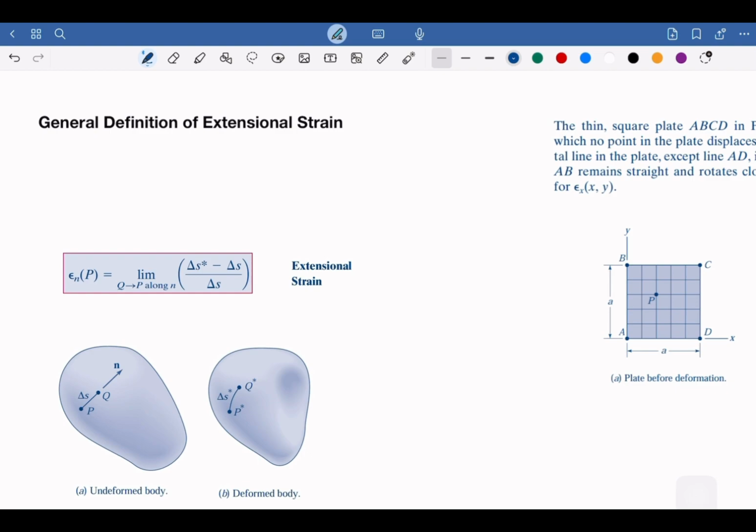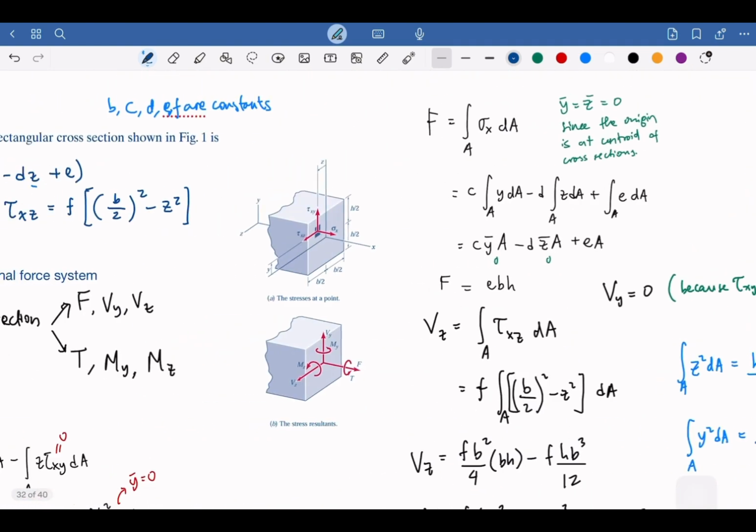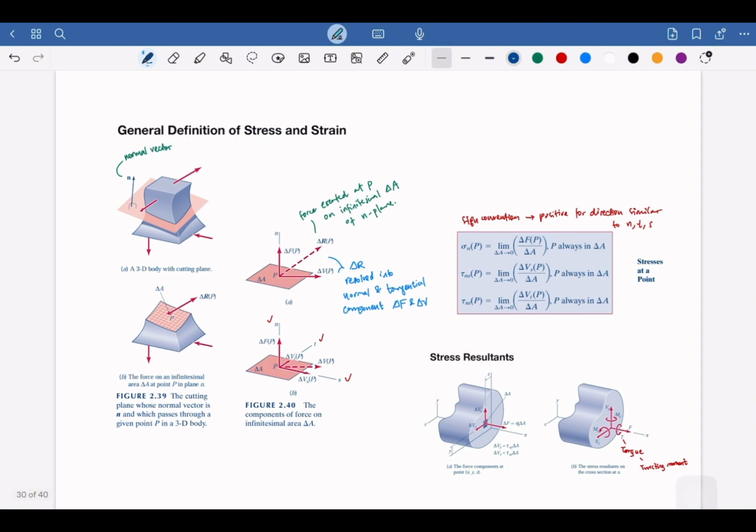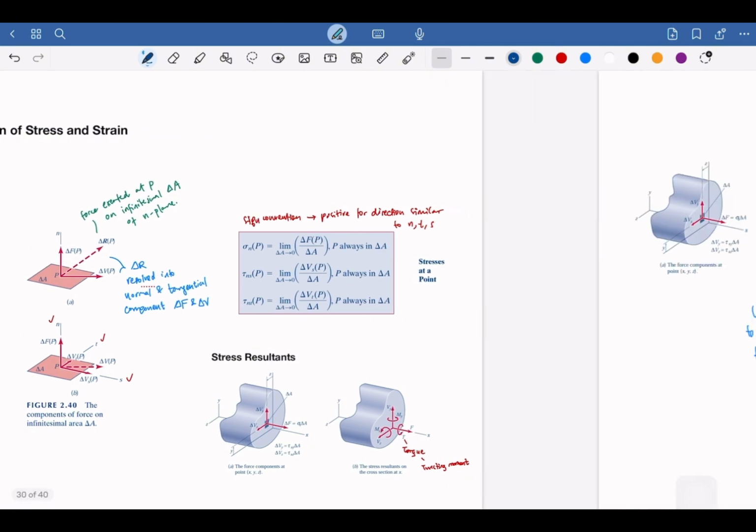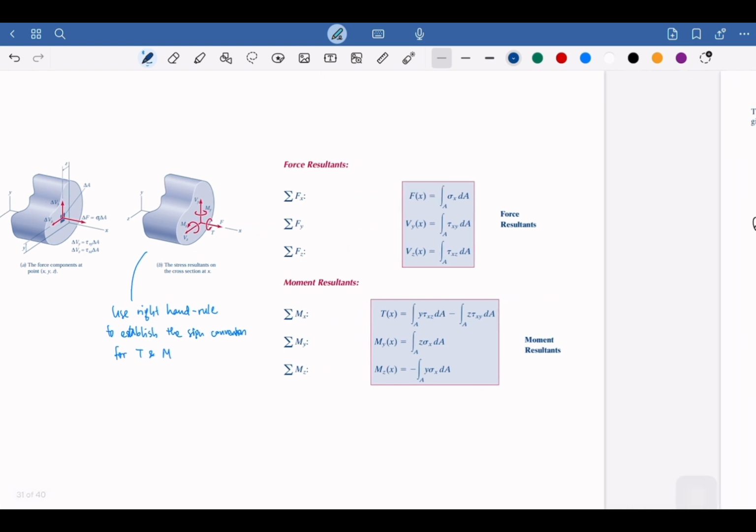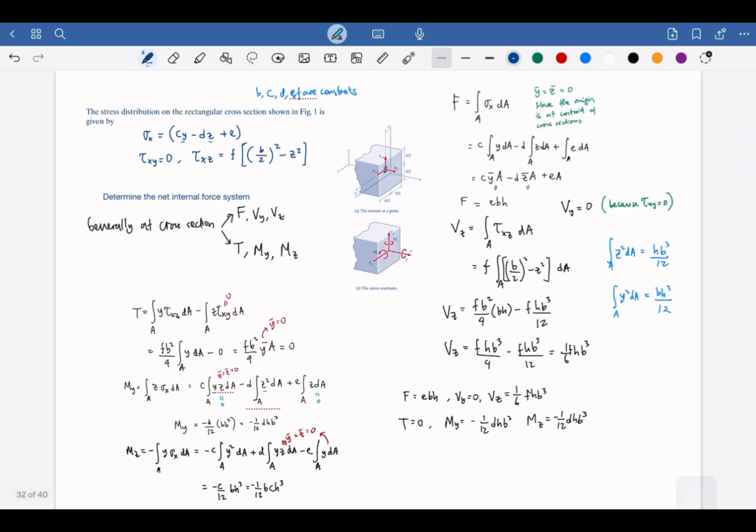We have defined from the previous results the definition for the stress and strain, and we start from the stress, which we call the true stress, and how the shear stress and the normal stress work, and how it also affects the inertia.